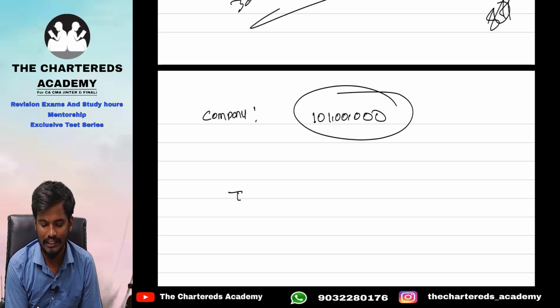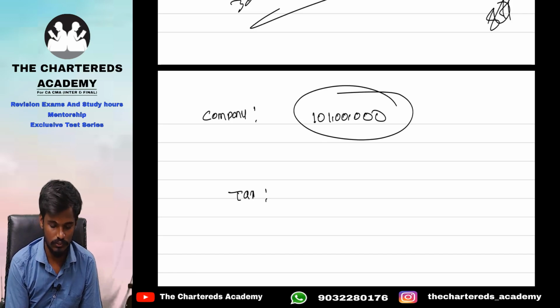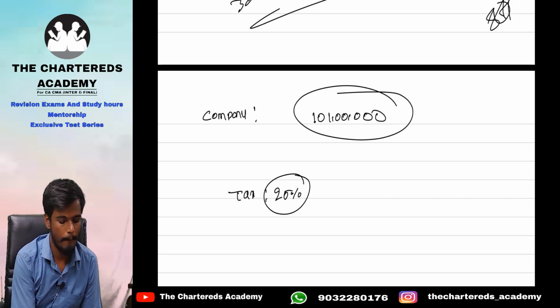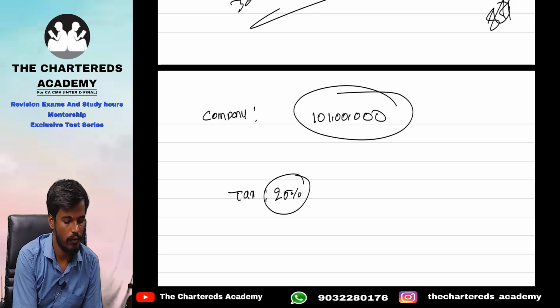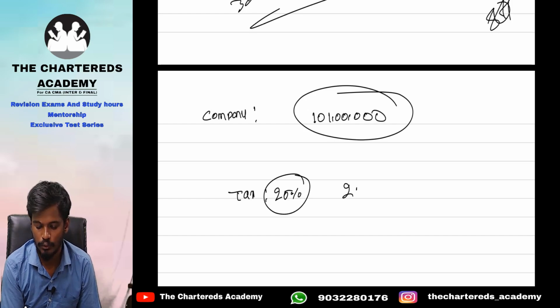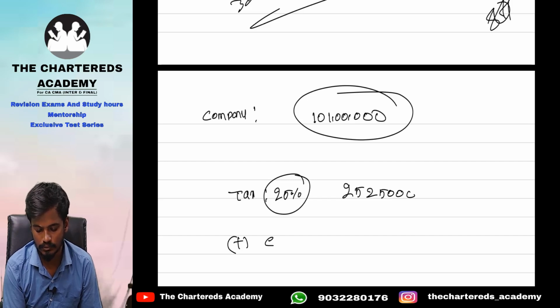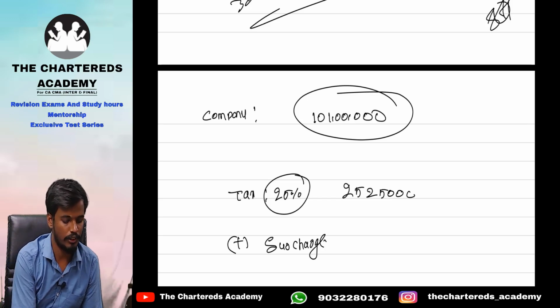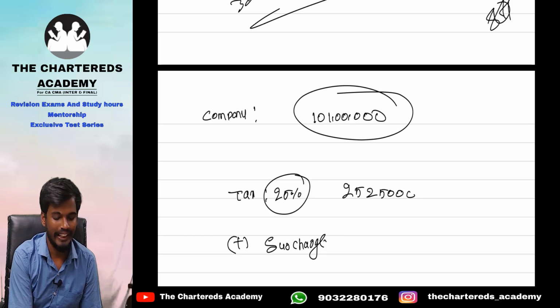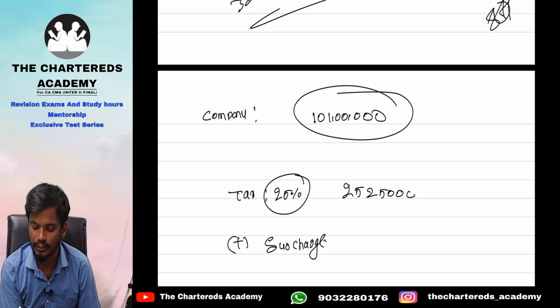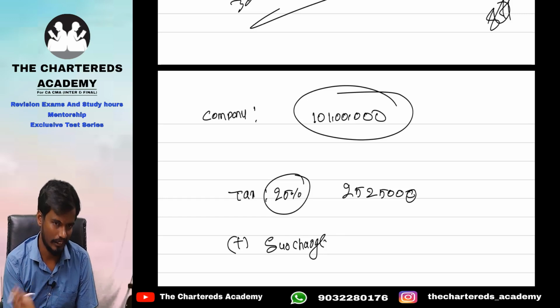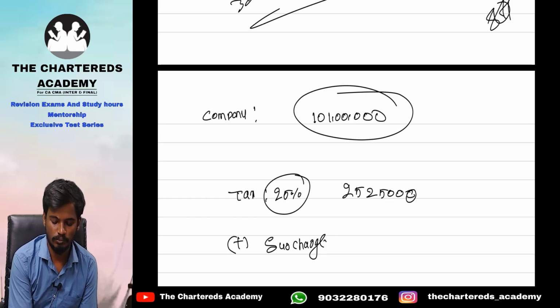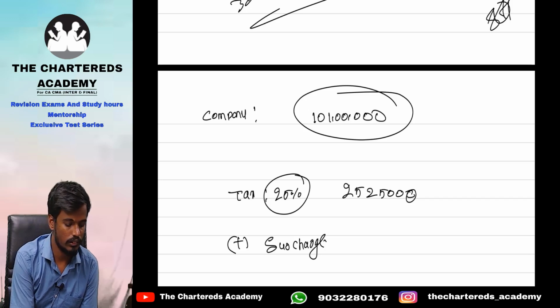Okay, what is the tax? On 1 crore 1 lakh at 25%, the tax is 25 lakhs 25,000. Plus surcharge: 25 lakhs 25,000 multiplied by the surcharge rate. What is the surcharge rate?